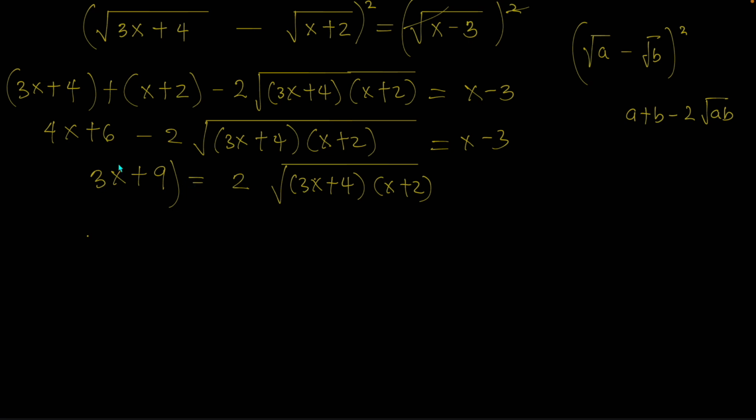So when you square that, on this side we have 9x squared plus 54x plus 81.